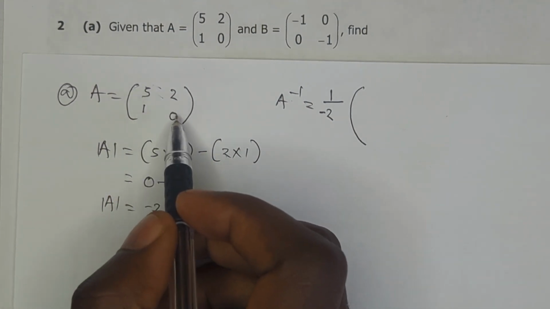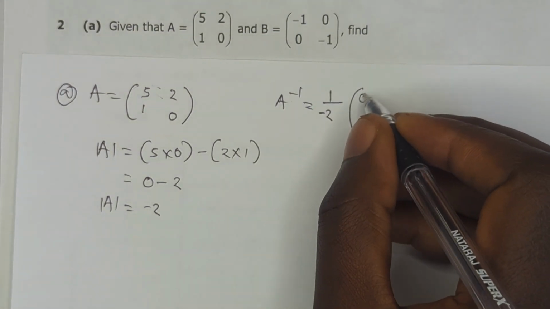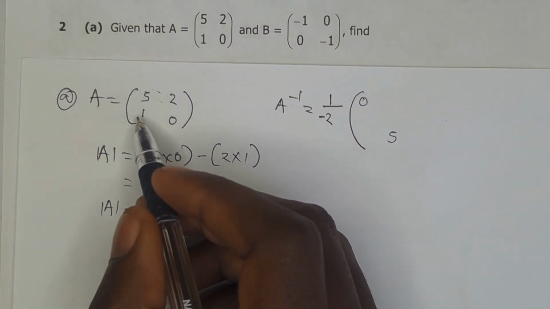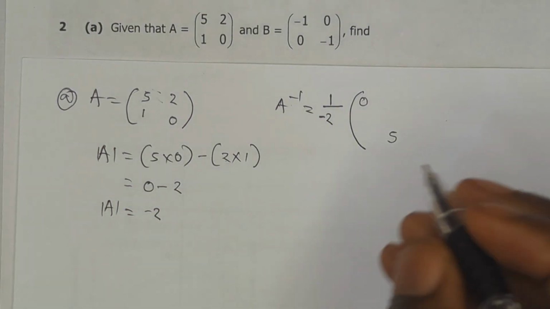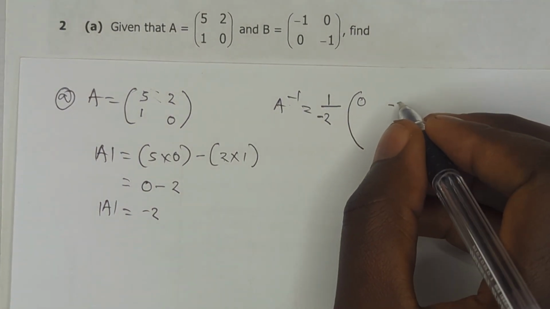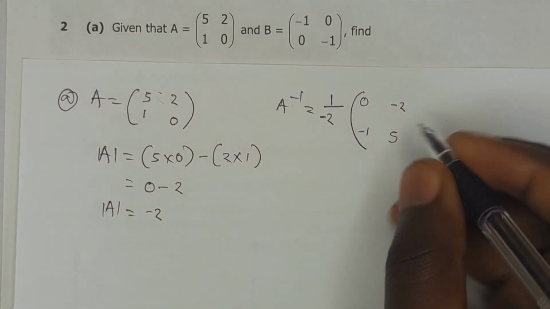This 5 is going to be here, and this 0 is going to be here. So where there is 5, we put a 0, and where there is 0, we put a 5. The numbers in the minor diagonal, we multiply them by a negative. So negative multiplied by 2, this will be -2. Negative multiplied by 1, this will be -1.